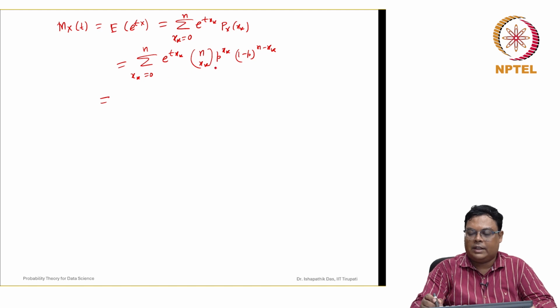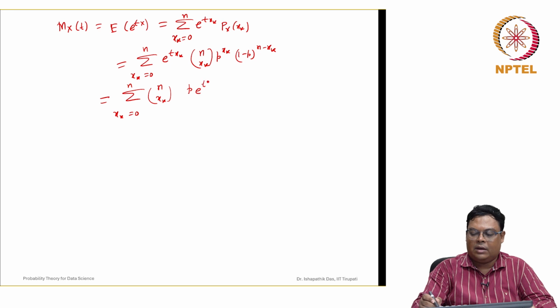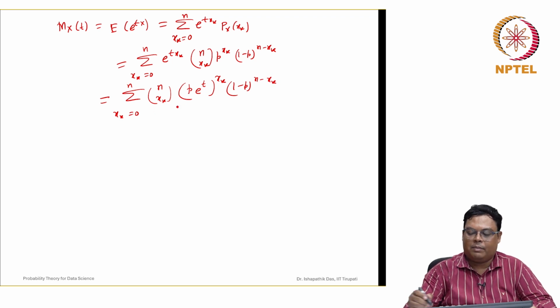So we can write the sum for x_k equal to 0 to n of nC x_k (p e to the power of t) whole to the power x_k (1 minus p) whole to the power n minus x_k.